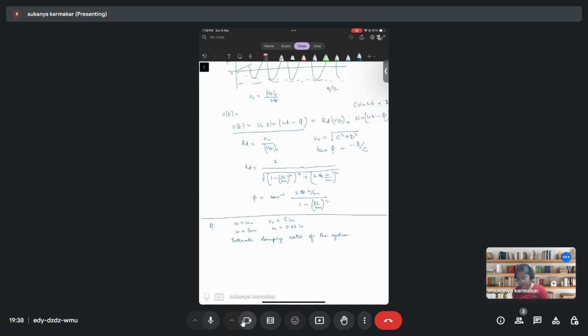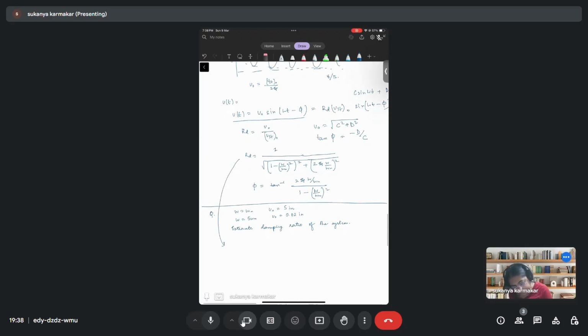Okay, so this equation for Rd, when omega is equal to omega n, what will happen to your Rd?